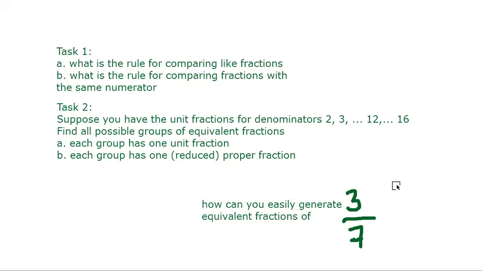Right. I don't disagree with that. But when you are trying to generate equivalent fractions, essentially you are looking for multiples of the given numbers, right? So in a way, you are basically looking at the table of 7 and the table of 3. Does that make sense, Swati?